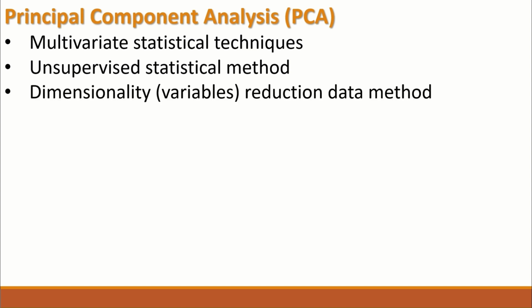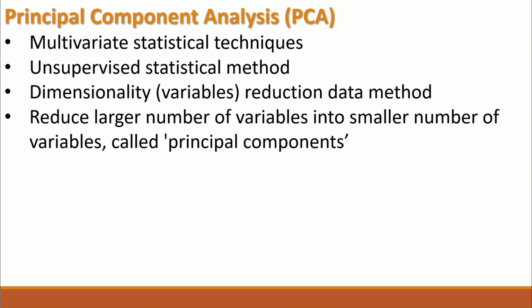The objective of performing PCA is to reduce the number of variables in a data set. So it is a dimensionality reduction method. It aims to reduce a larger number of variables extracted from a questionnaire or a survey. Variables are items or questions.